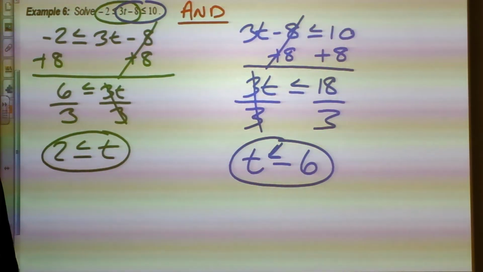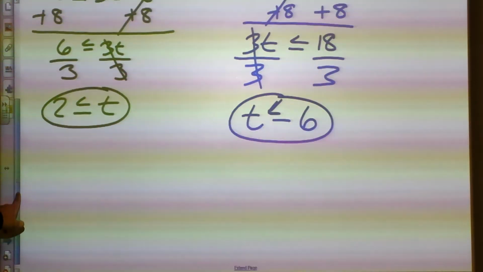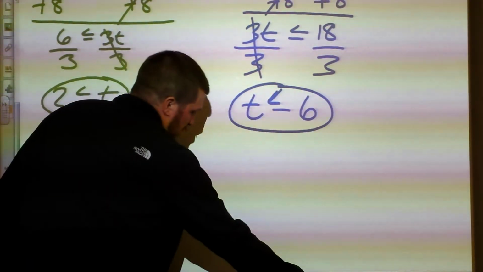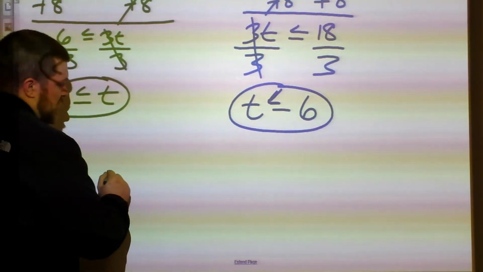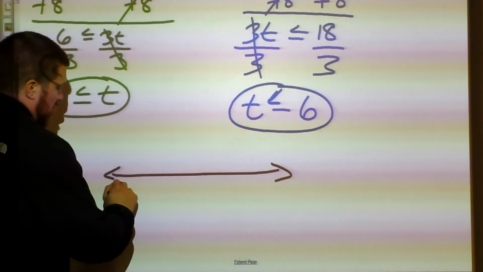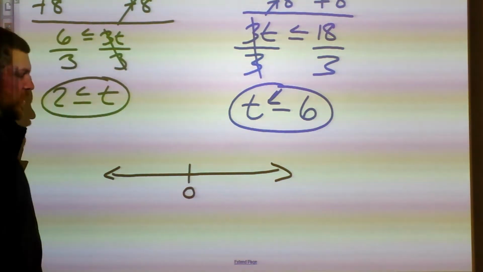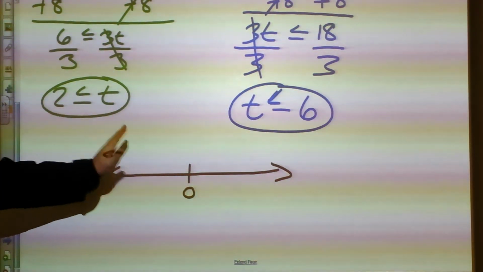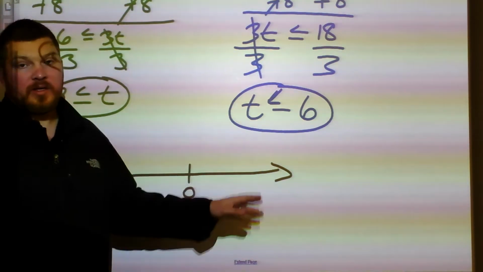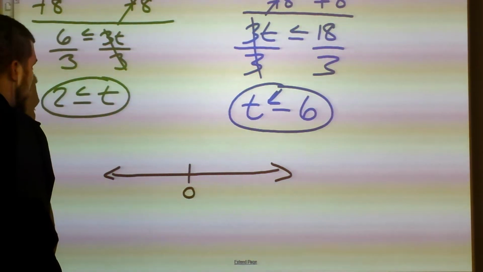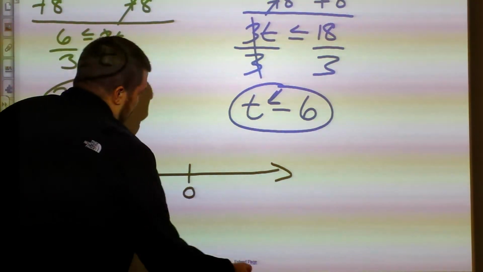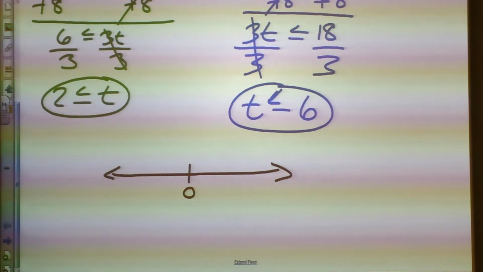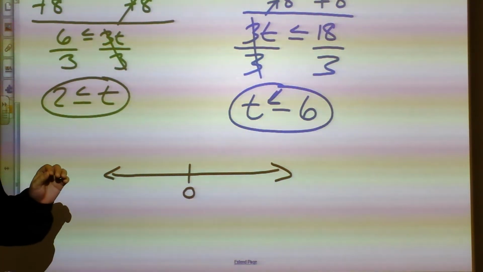I'm now ready to graph, and I'm going to put both of these on the same number line. Again, I just like to draw a sketch. We'll start off with 0 in the middle, to give me an idea that to the left it's going to be negative, to the right it's going to be positive numbers. Now, I've got my variables by themselves, so I'm ready to put my circles down.